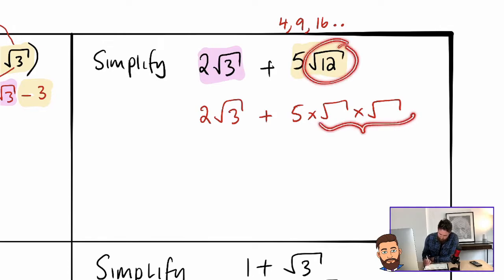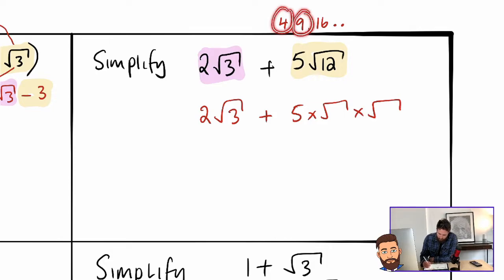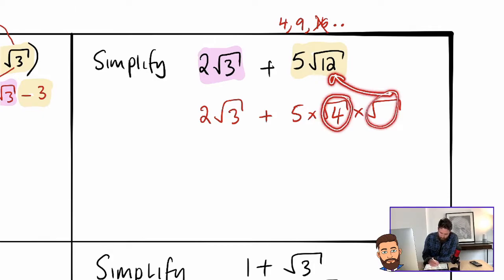If you're going to simplify a surd, just write 2 blank surds times together, ready to be filled in where 1 is a square number. Now ask yourself, which one of these square numbers, clearly not 16, goes into 12? Well, 4. 4 goes into 12. Then you work backwards: how many times does 4 go into 12? What do I times it by? 3. We can now tidy up.